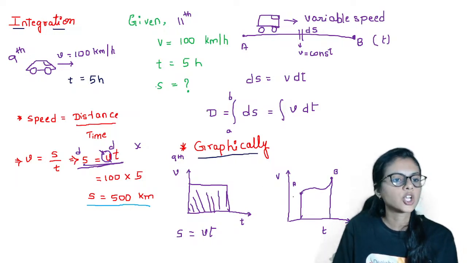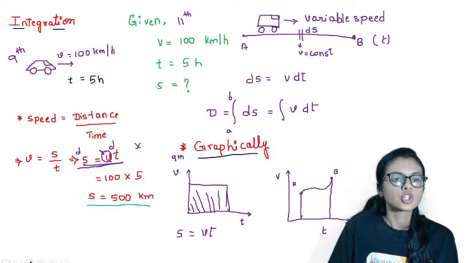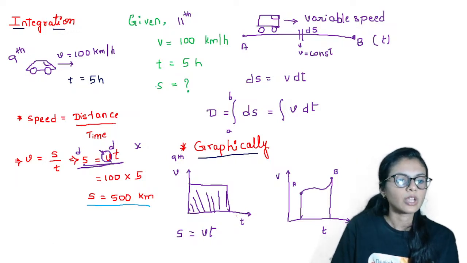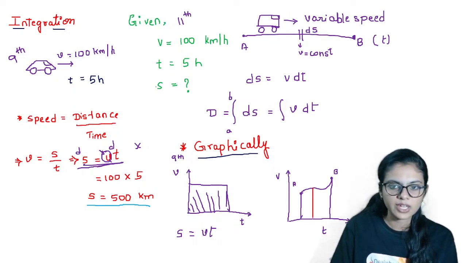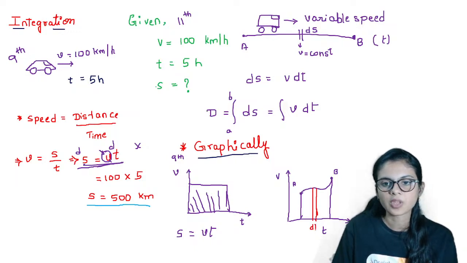It's not an accurate triangle or rectangle, right? So it's difficult to find area under the curve AB. So what we will do, we'll consider a small strip here of the width dt and length, let's consider V.